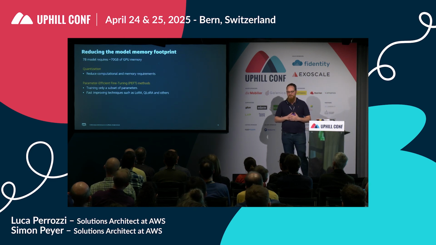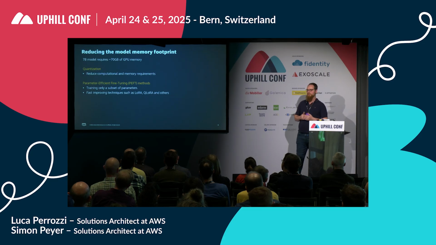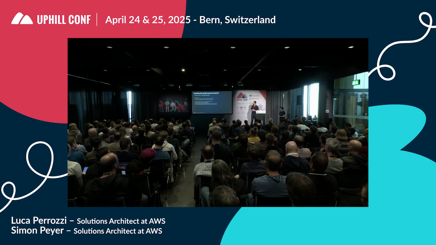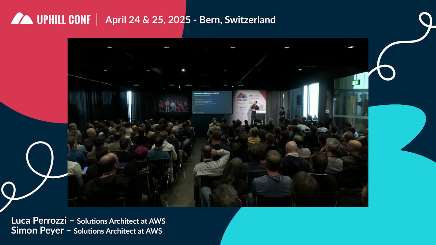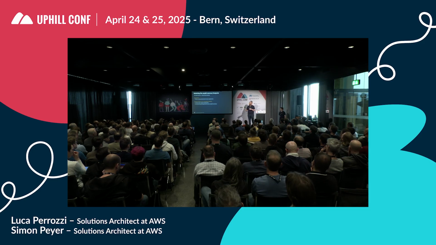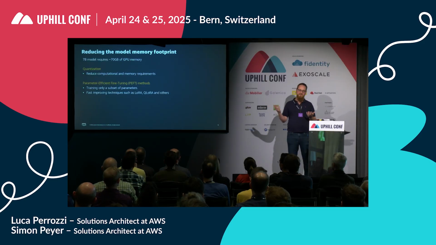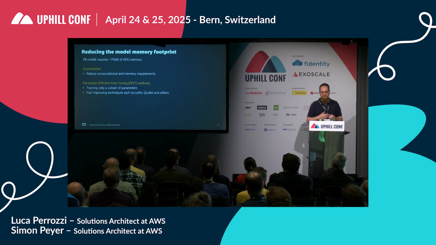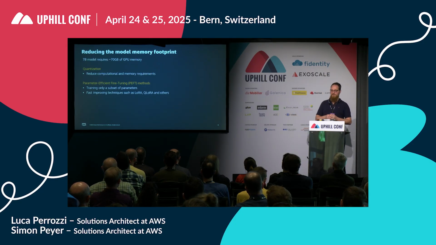And this is called parameter-efficient fine-tuning. We will refer to that as PEFT in the future. And the idea of PEFT is actually that you're not training all your weights, but you're only training with your data on a subset of the parameters. And this is much faster. It uses much less energy as well.